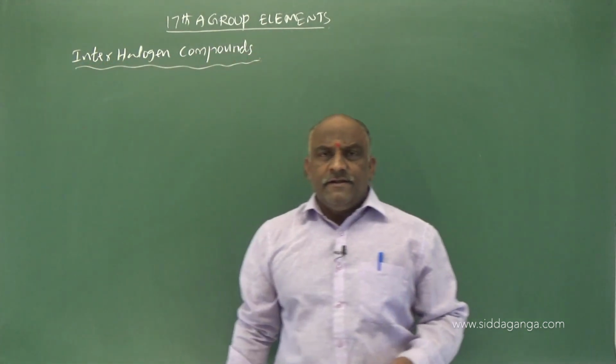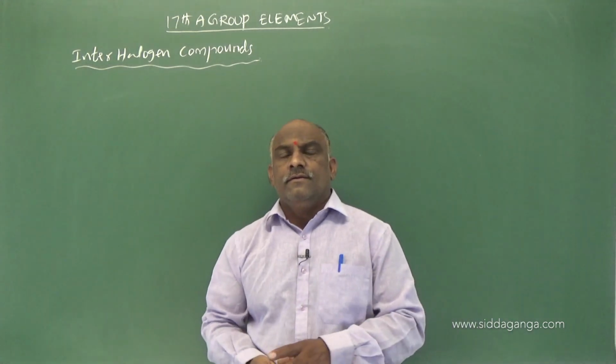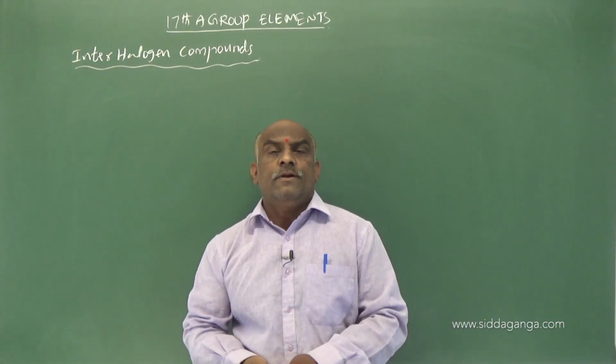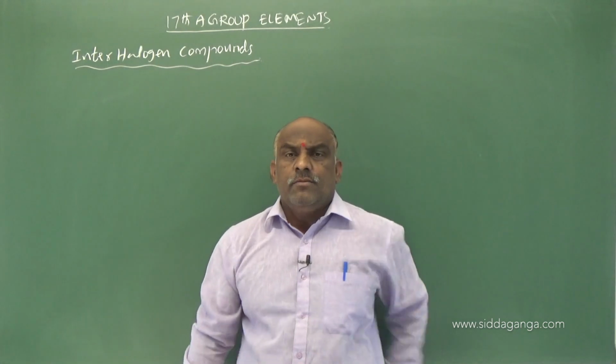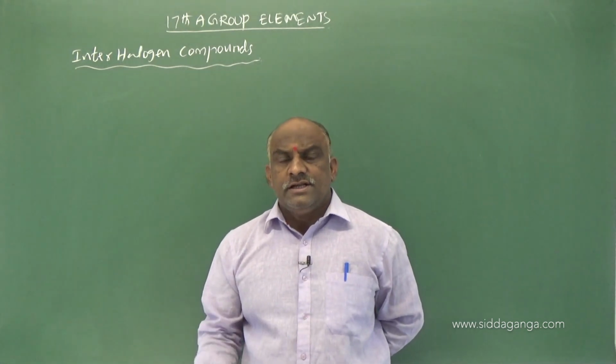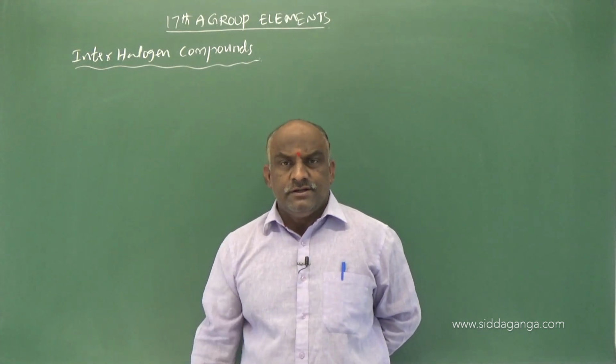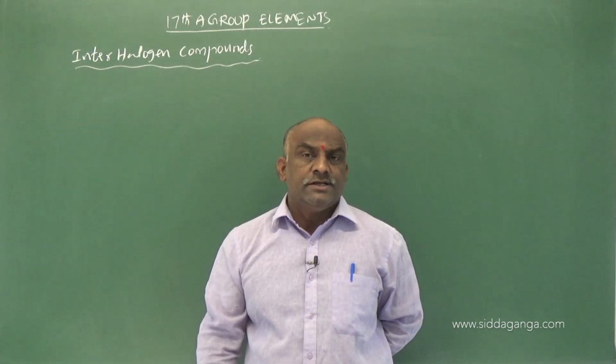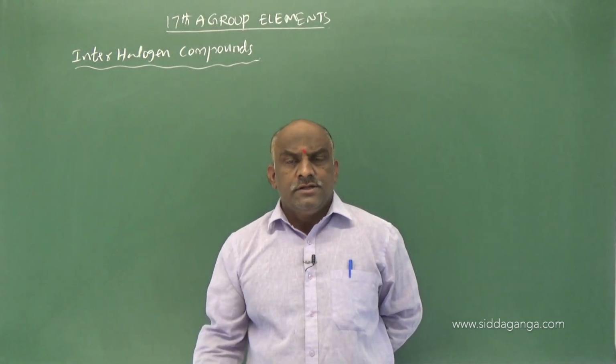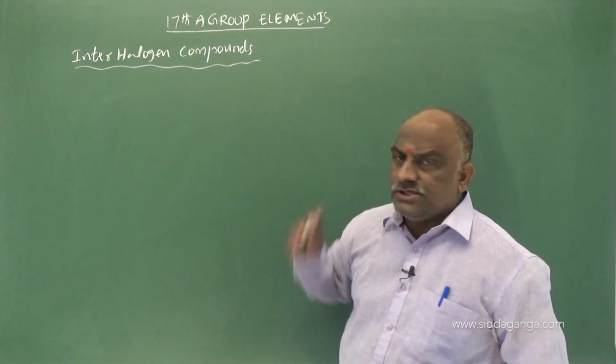Already we discussed the chemical properties of halogens: reaction with water, reaction with hydrogen, reaction with metals, reaction with oxygen, similarly reaction with halogen.